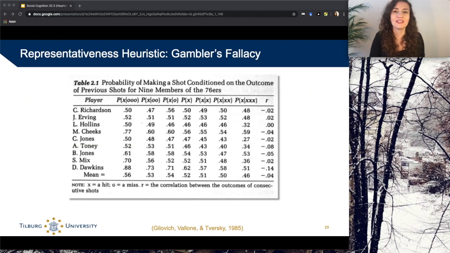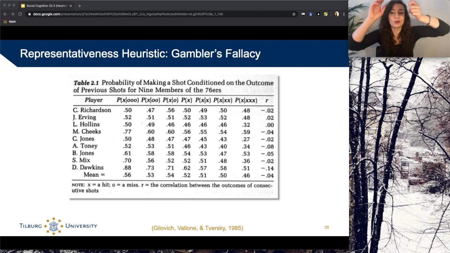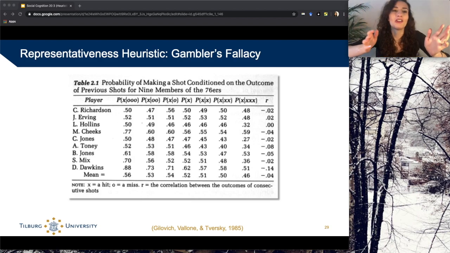Now, we can take a look at some actual data, looking at the probability of making a shot, so of scoring a point, conditioned on the outcome of previous shots. And again, this is still from the same study. So here are 9 members of the basketball team, the 76ers.